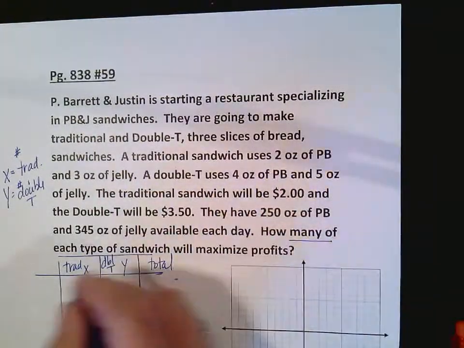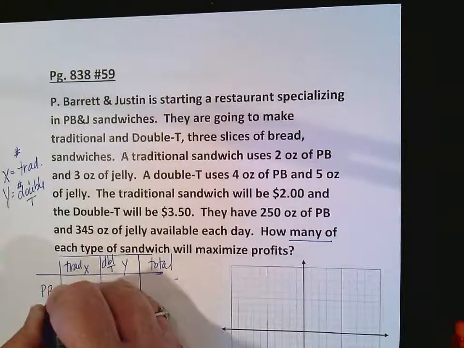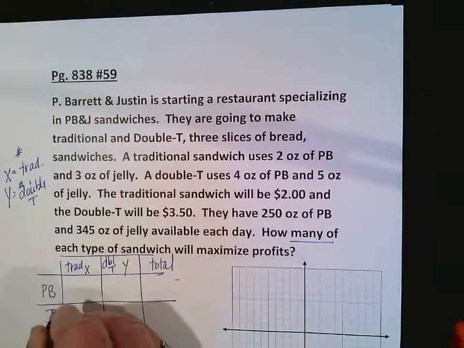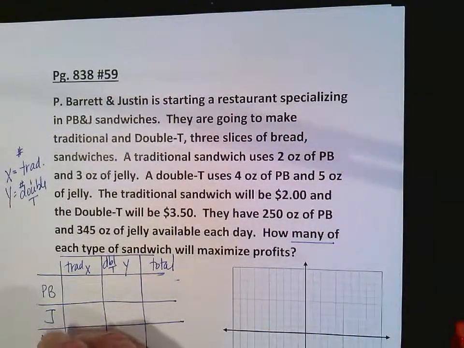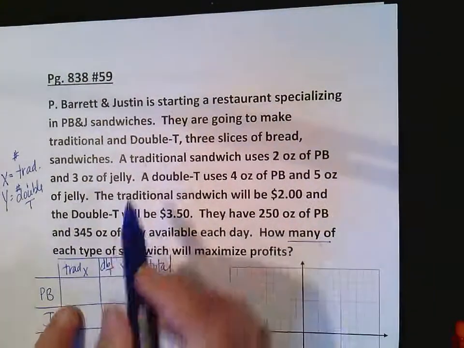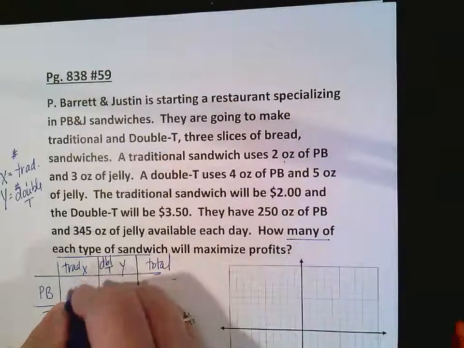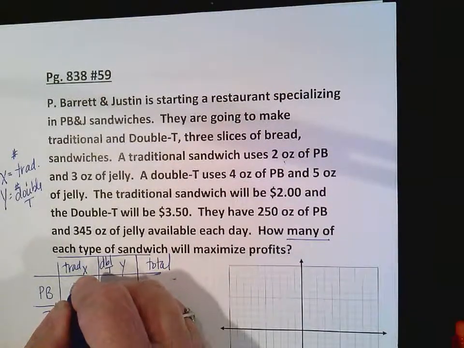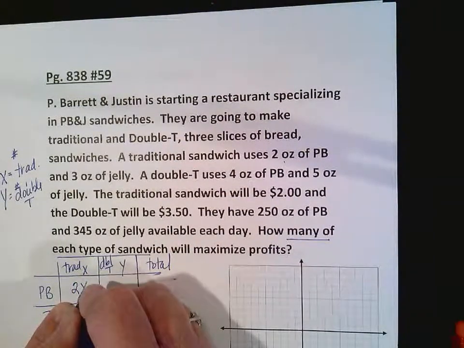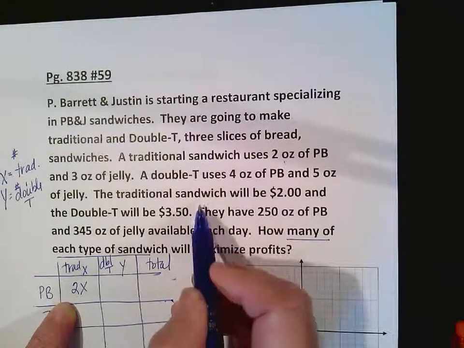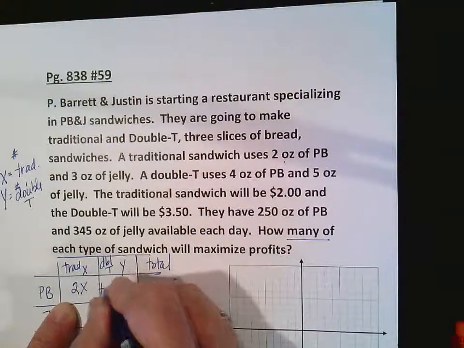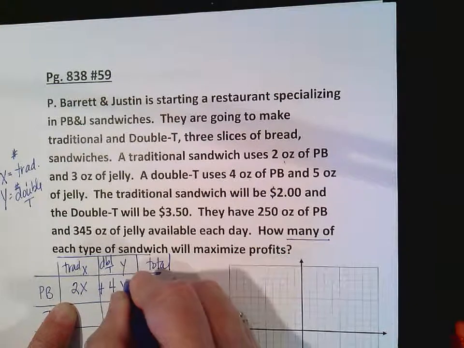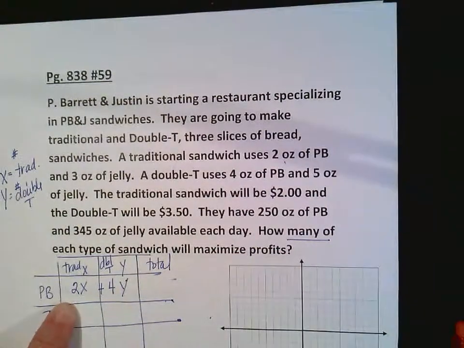So I've got to know how much peanut butter and how much jelly I need. And then, of course, there's going to be the profit sentence. Okay, so in a traditional sandwich, I have 2 ounces of peanut butter. So I'm going to have 2 ounces of peanut butter for every traditional sandwich. And the double T uses 4 ounces of peanut butter for every double T.